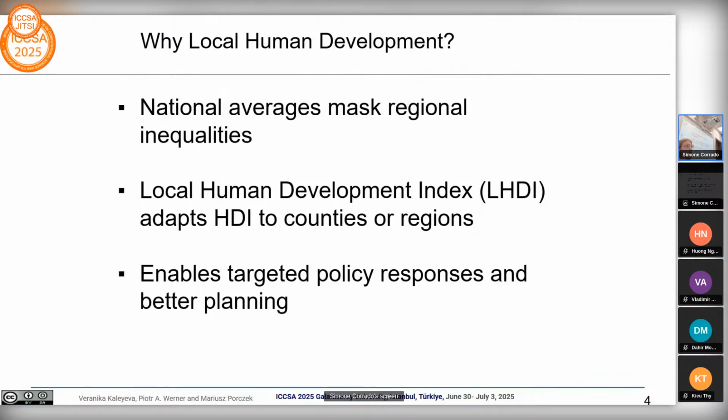This is a very vast body of local human development research, but there is still no uniform methodology to study LHDI, because every country operates based on its local granular data and local contexts.